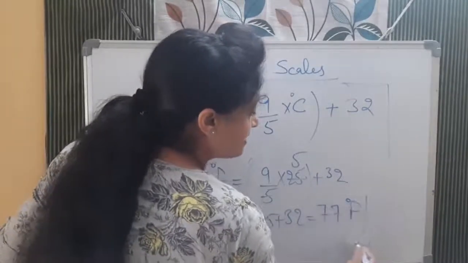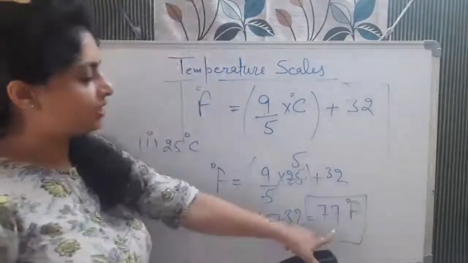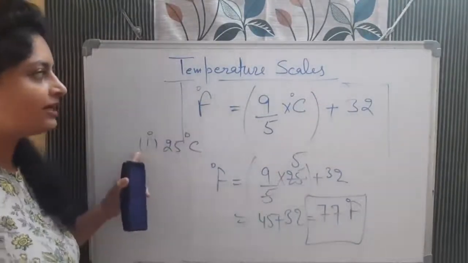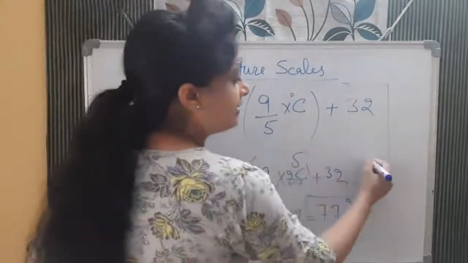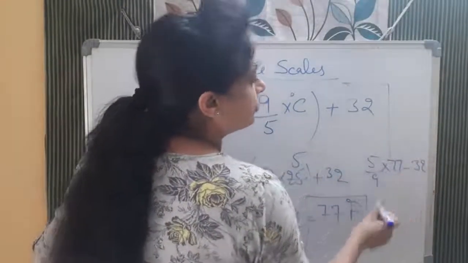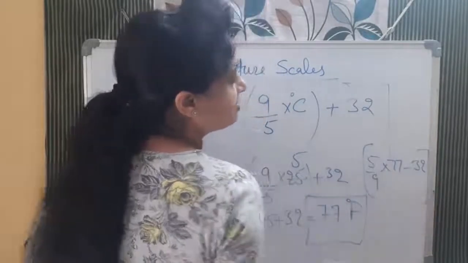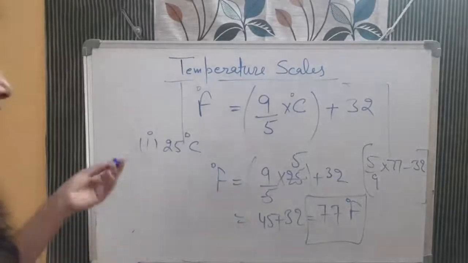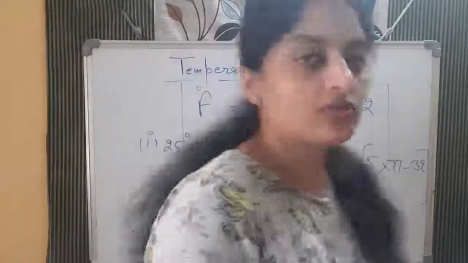This is the answer. If I ask you to convert 77 degrees Fahrenheit into Celsius, which formula will you apply? You will apply 5 by 9 into (77 minus 32). In that case, you will apply this formula, and you will get the same answer again. So you can solve by this method.